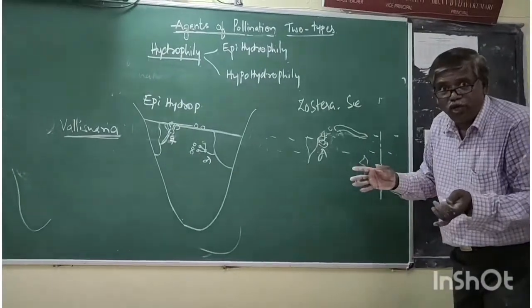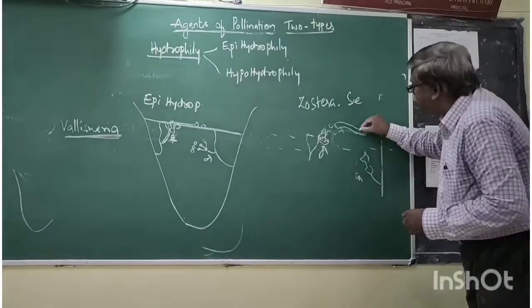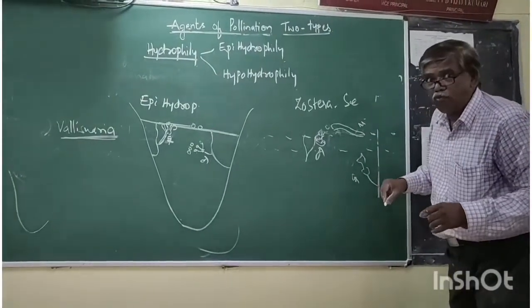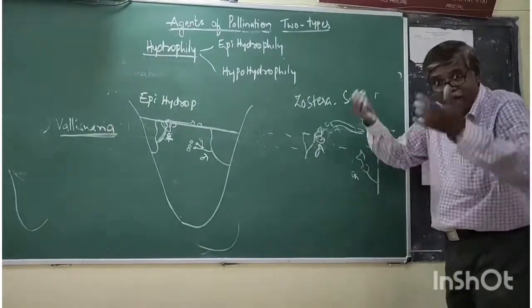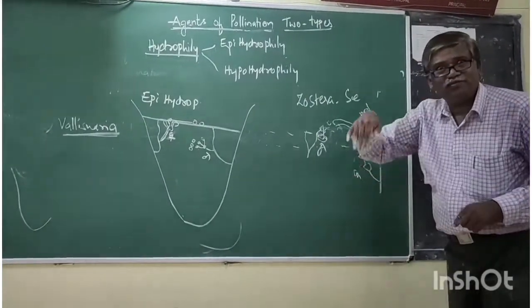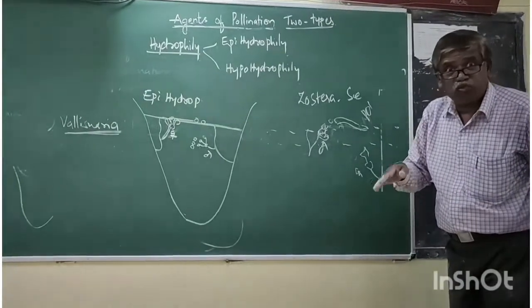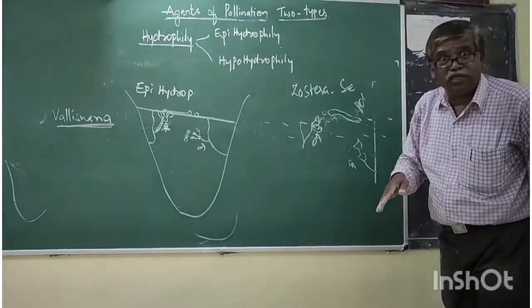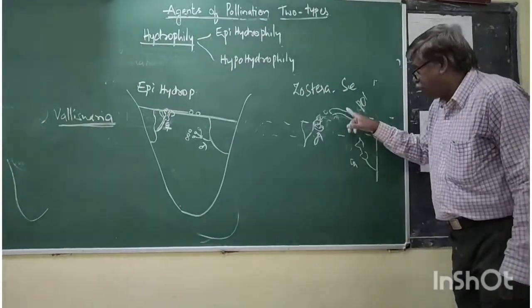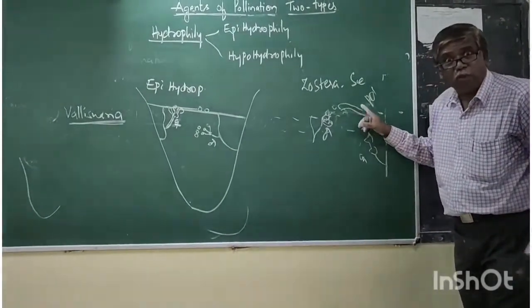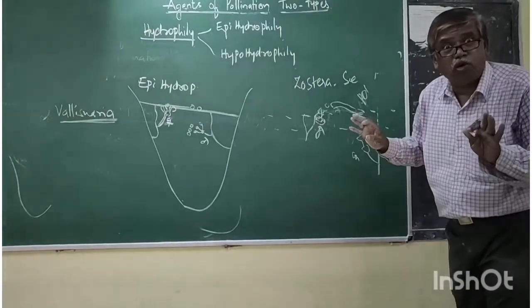Its morphology means the external shape. Pollen grain morphology helps it swim. A fish can swim with the help of fins, from surface to bottom, bottom to surface. But this pollen grain does not have any locomotive organs.